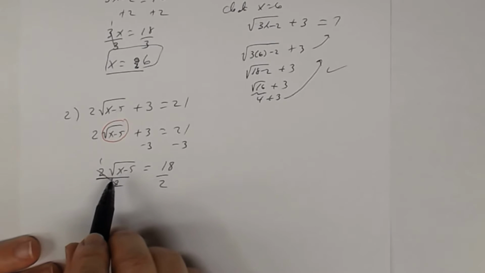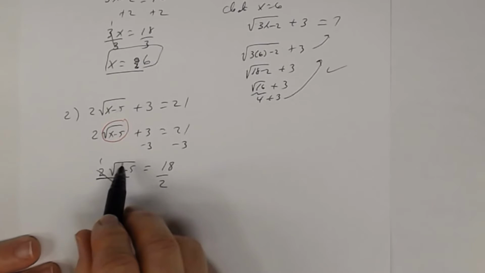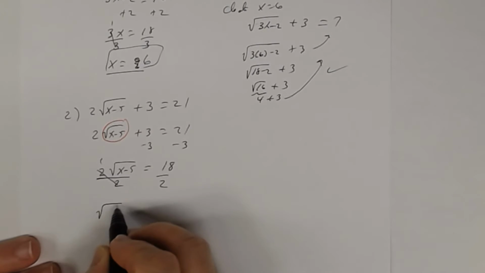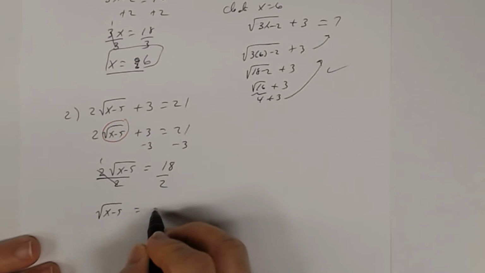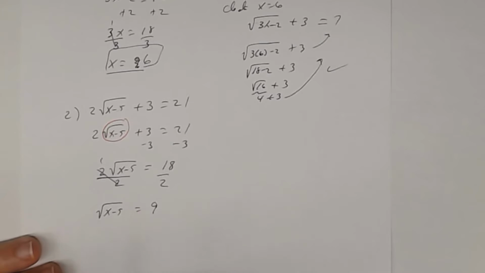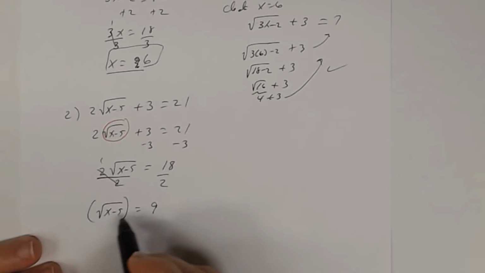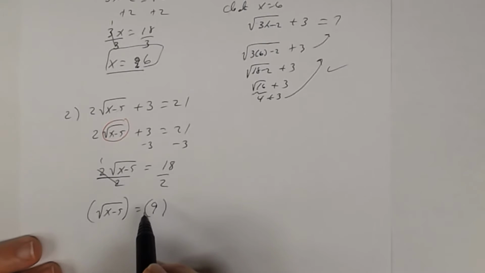And then what I have is 1 times the square root of x minus 5, which is the square root of x minus 5, is equal to 18 divided by 2, which is 9. So now you have the radical by itself. Now we've got to get rid of that square root symbol because I want to get x by itself. We raise both sides to a power equal to the index, and since we are dealing with square roots, it's always going to be squaring.